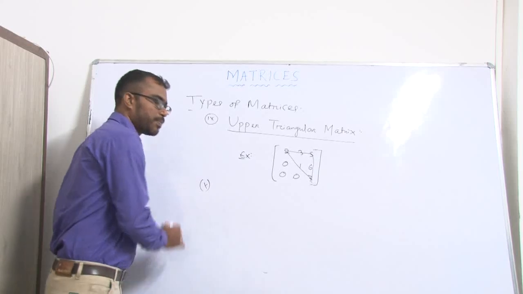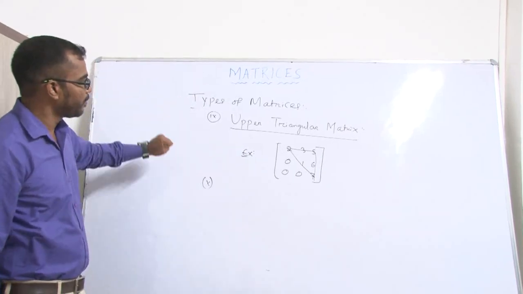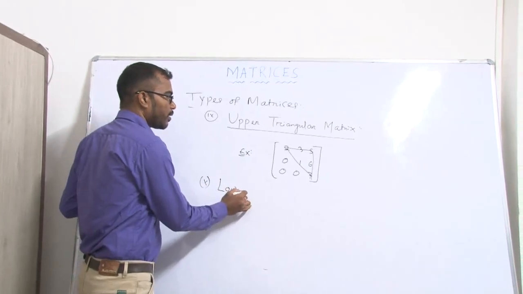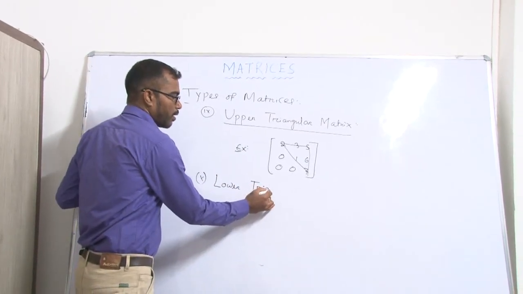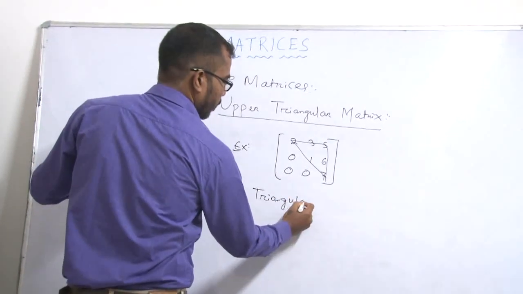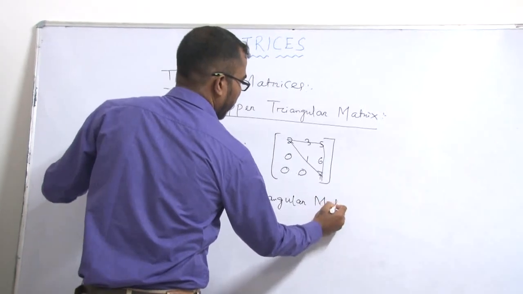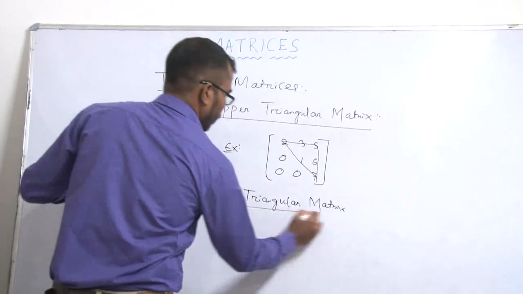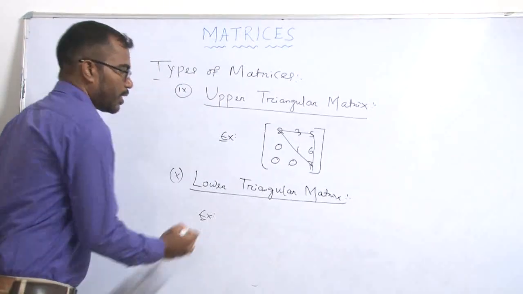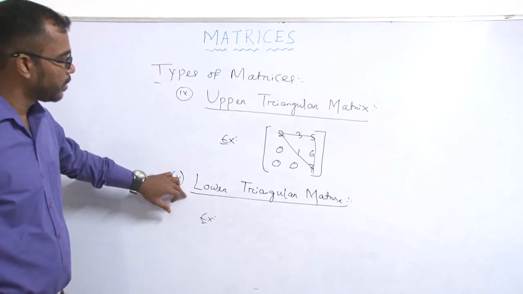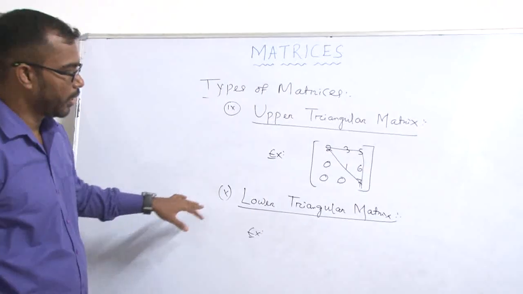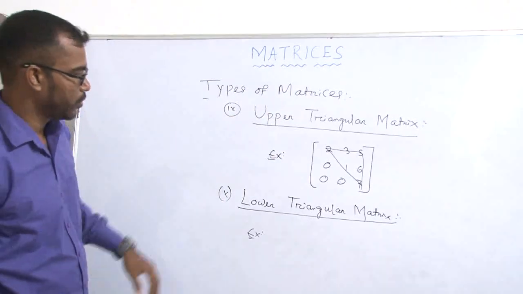And here the last point of types of matrix, and that is lower triangular matrix. Here are the examples. Similarly, lower triangular means the lower part has non-zero elements and other elements are zero.